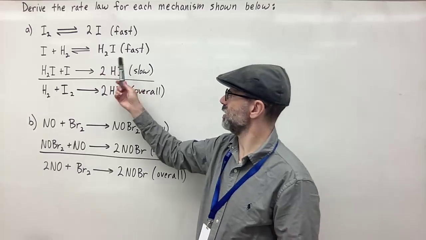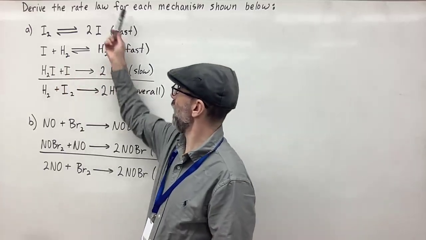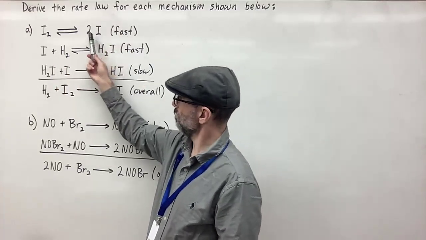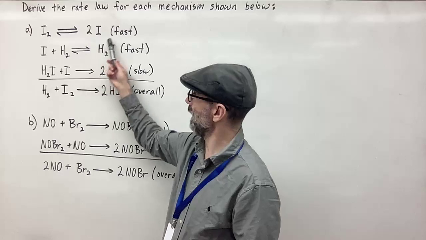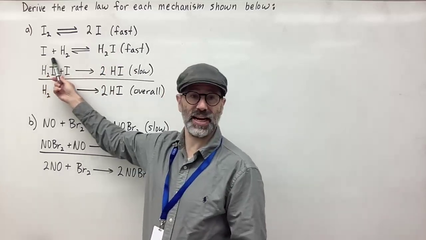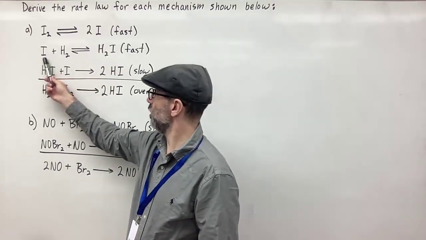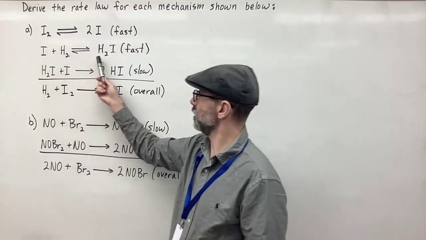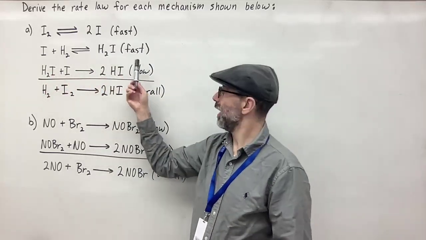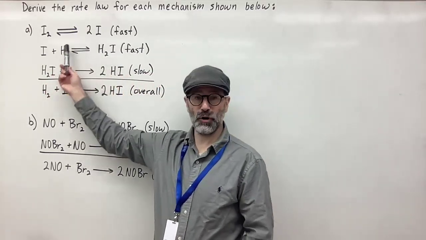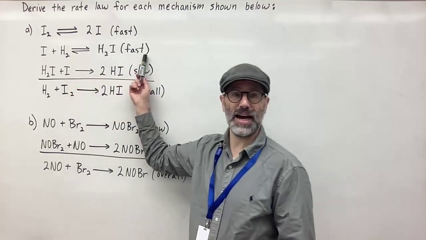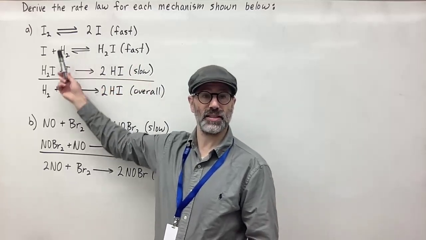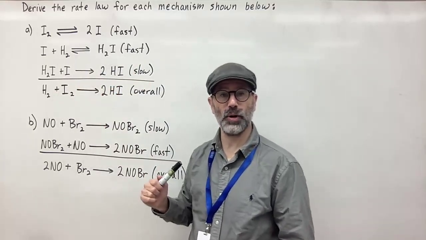Same thing for the second step. The I here is then used in the second step to react with H2. So I plus H2 gives you H2I. Again, this is a reversible step and it's fast. So basically, this is going to reach equilibrium pretty quickly.